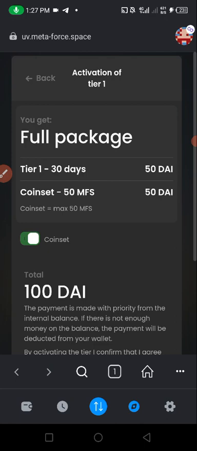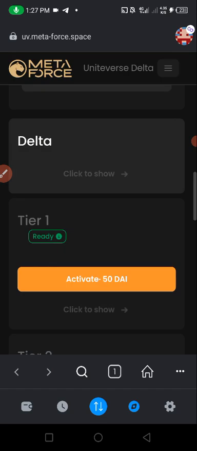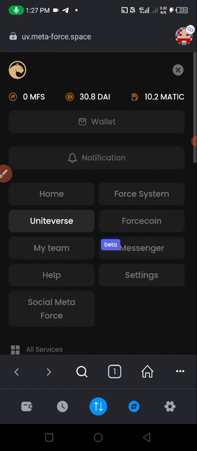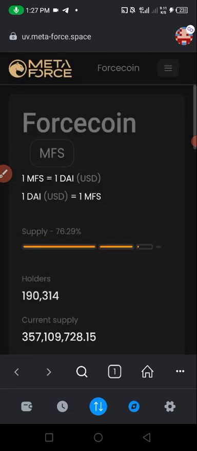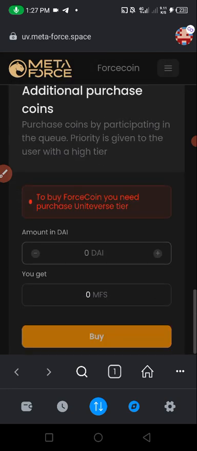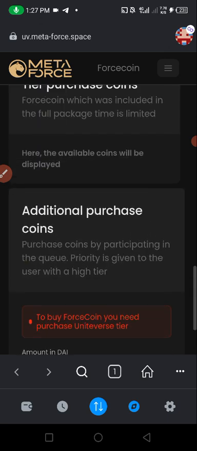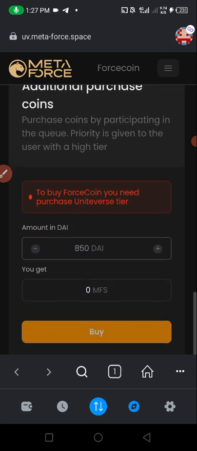You can see it under the category of coin sets. Once the portal is activated, you can go back to the ForceCoin dashboard and purchase more ForceCoin if you want. You can purchase any amount depending on your capacity.